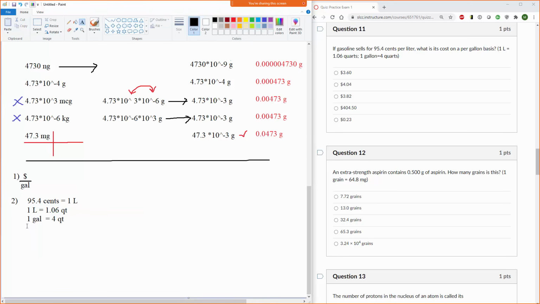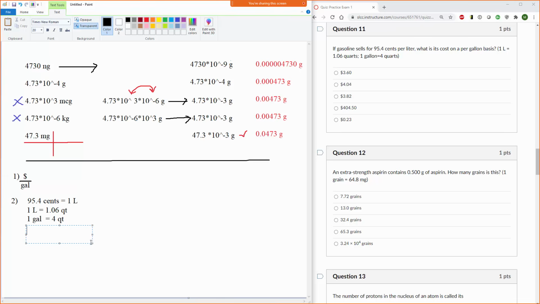Dollars to cents. Okay, I'm not going to give it to you. I hope you guys know this. Some things you just ought to know. Yeah, 100 cents is equal to $1.